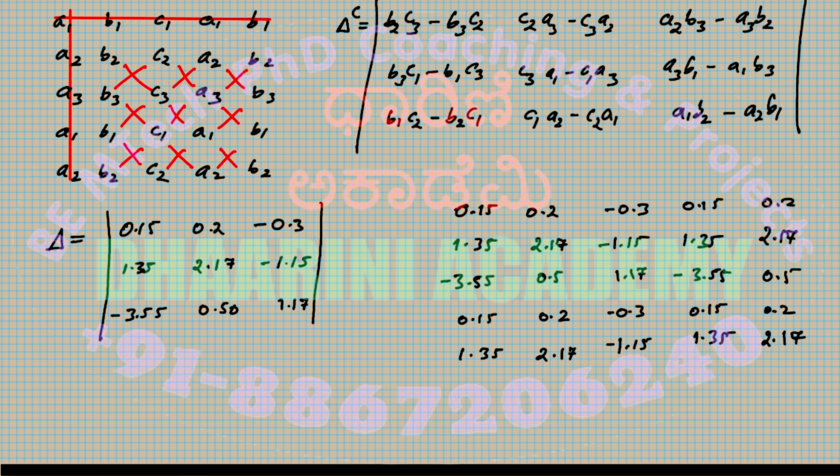Out of which we have to remove the first row and the first column.